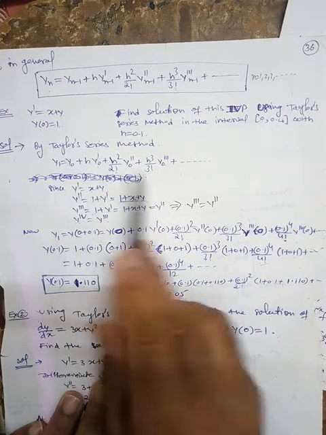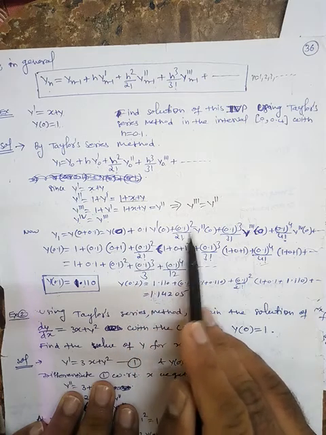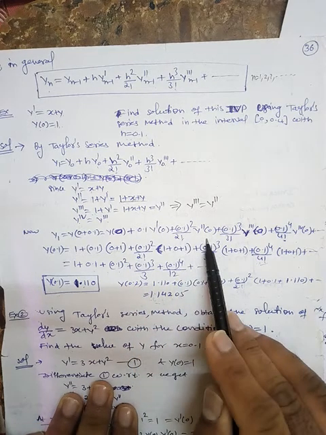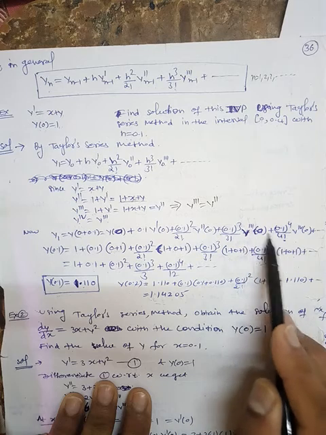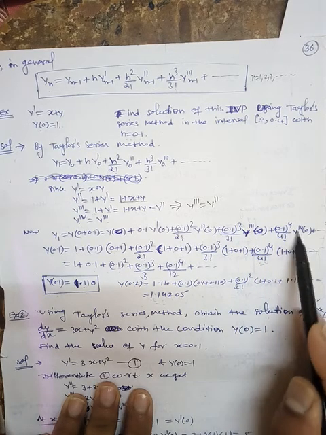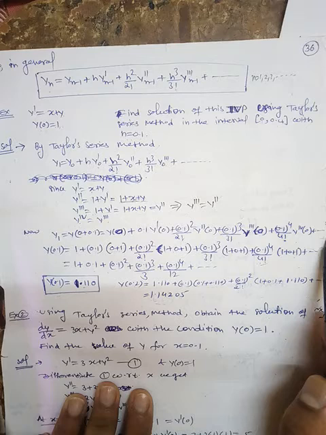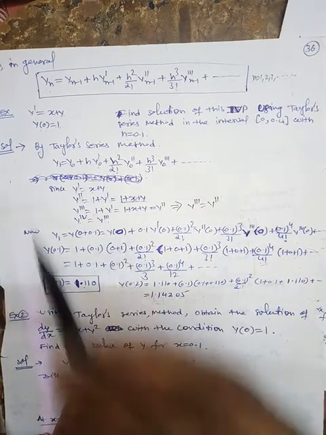Now use this formula. So we get y naught plus 0.1 y dash 0 plus 0.1 whole square by factorial 2 second derivative at 0 plus 0.1 cube by factorial 3 third derivative at 0 plus 0.1 raised to the power 4 divided by factorial 4 fourth derivative at 0 and so on. Now substitute the values. Here y naught is already given to you, 1.